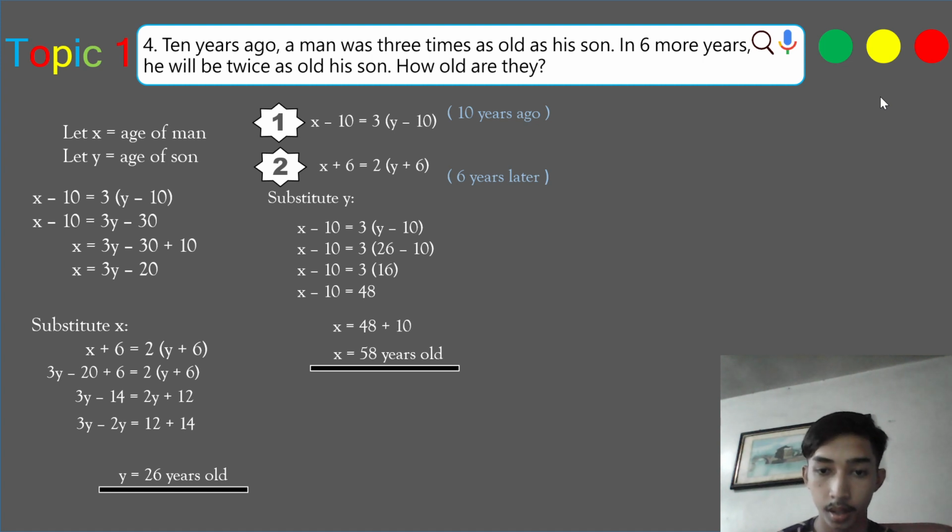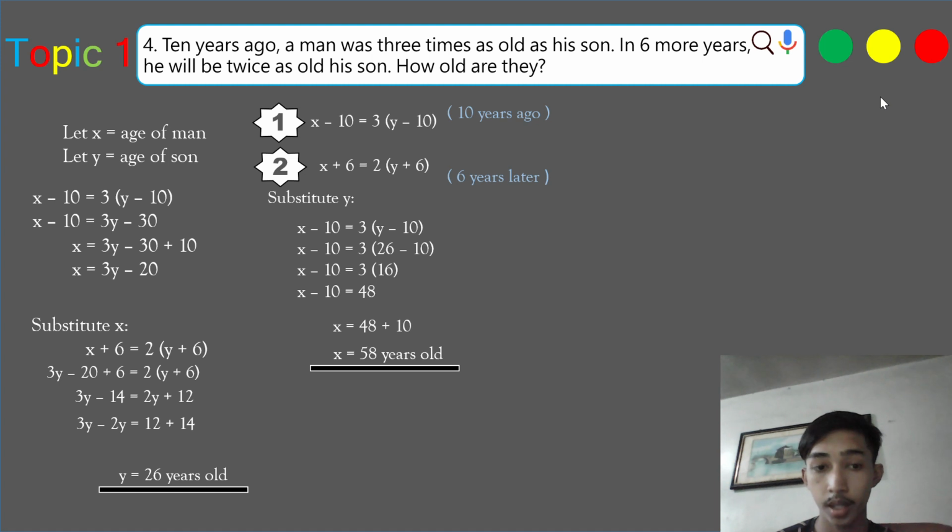And we will transpose the 10 to the right side of the 30. So x is equal to 3y minus 30 plus 10. So we will combine the 10 and 30, so minus 30 plus 10 is equal to minus 20. So x is equal to 3y minus 20.